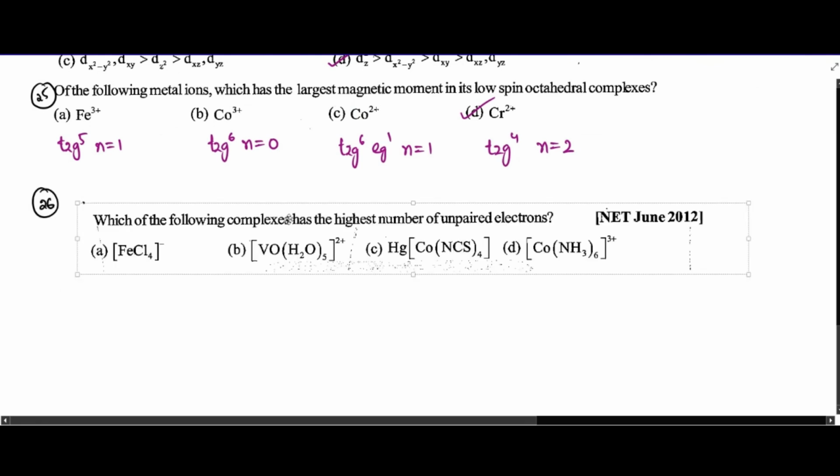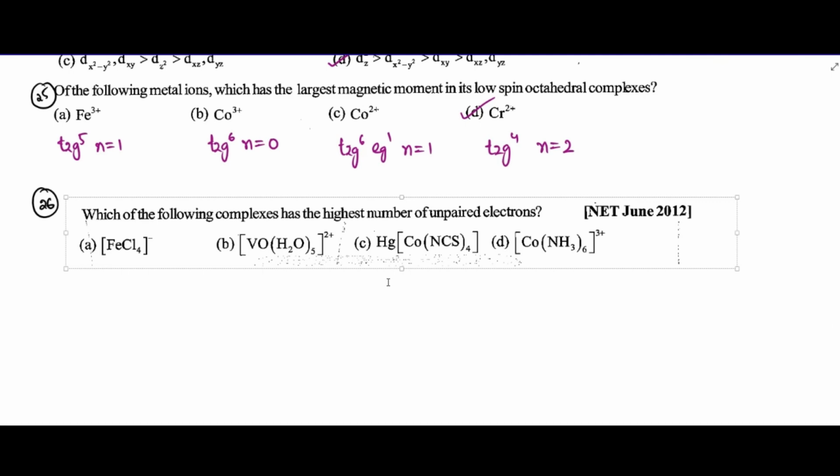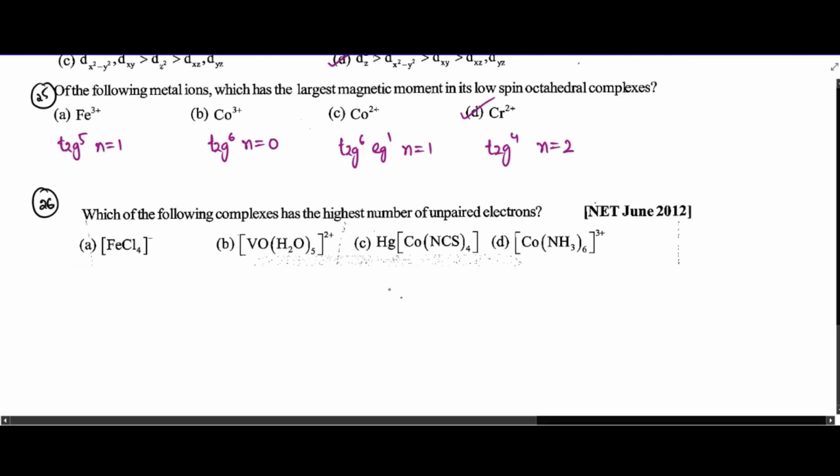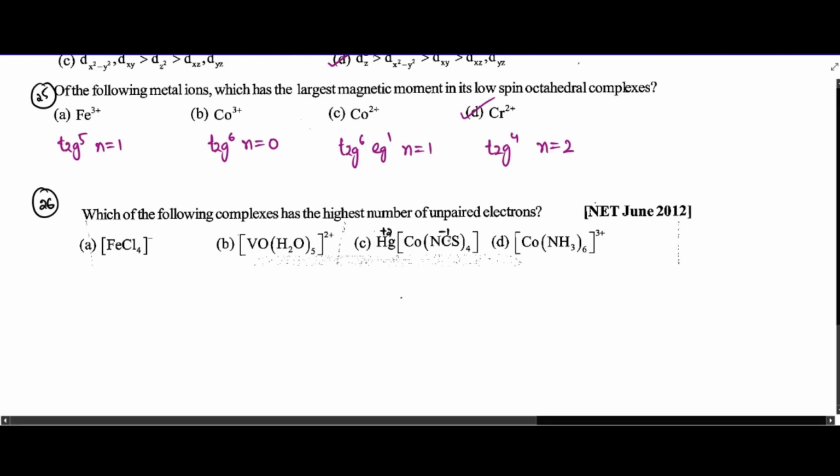Question number 26. Which of the following complexes has the highest number of unpaired electrons? Please try. First of all, find the oxidation states. This is +2. This is -2.